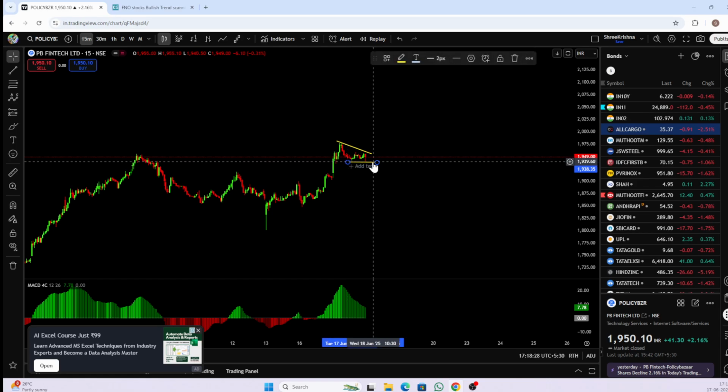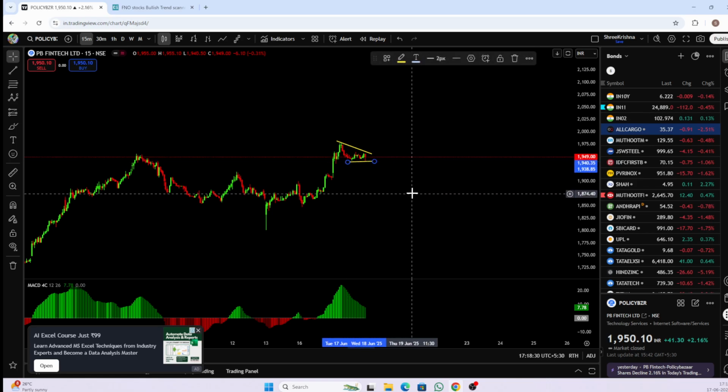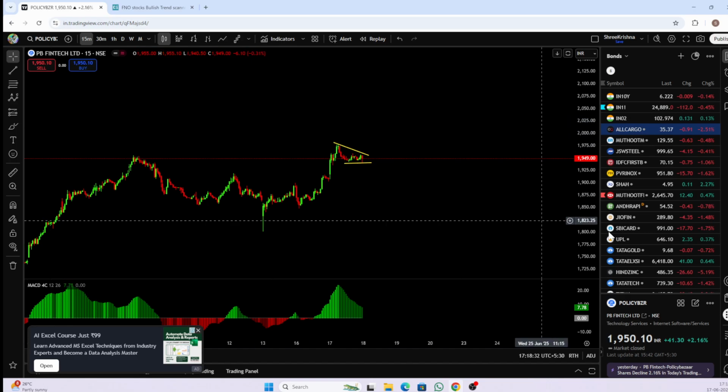Do you have to buy this now? I don't suggest you buy this now. On a break above, it will head towards 2000. Or we'll check the parameters only. Just a minute.